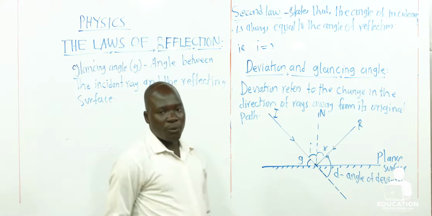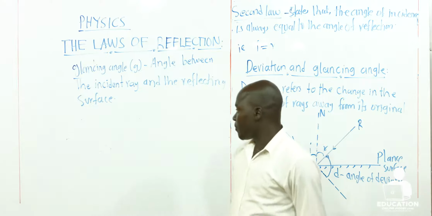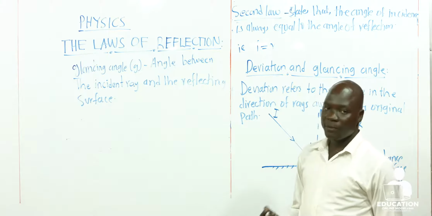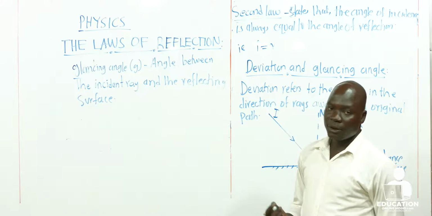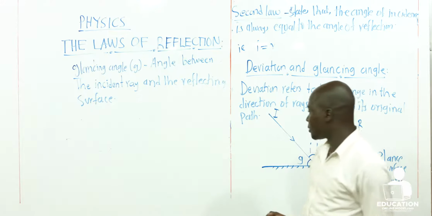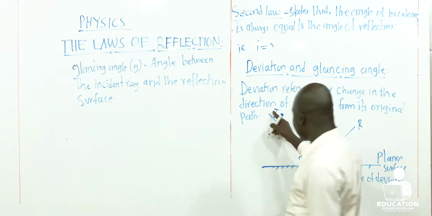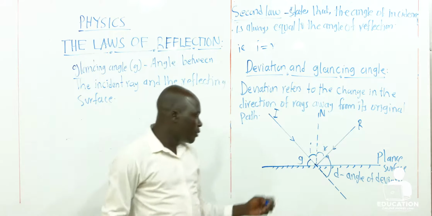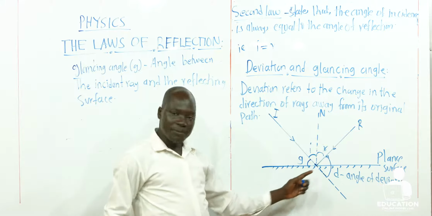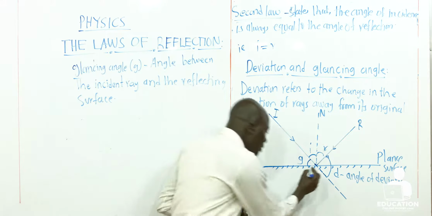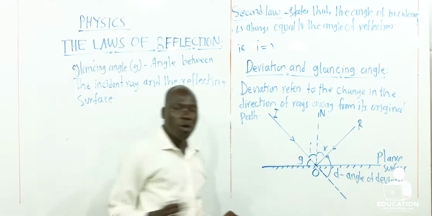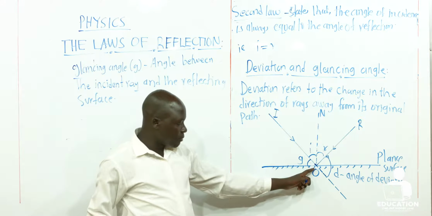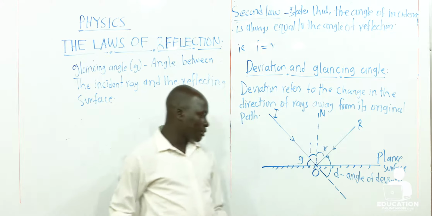Now, dear learners, we have a formula that will always relate the glancing angle and the angle of deviation. So now, if we call this I, meaning the incident ray, it is going to fall on this surface at a certain point. If we note this point to be O, it is going to be reflected in that direction.